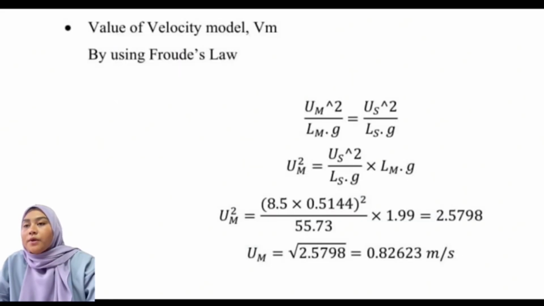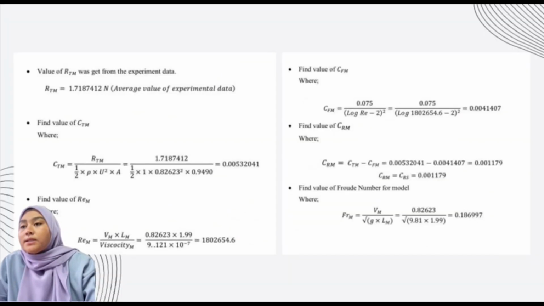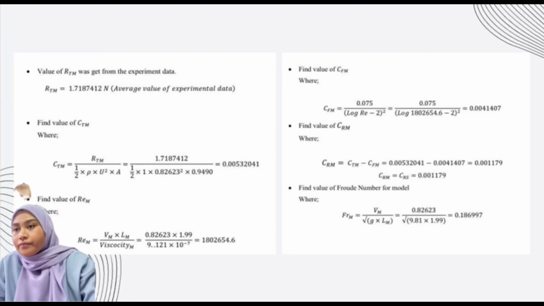And we can see in the slide the calculation and the list of formulas that we use for the assumption, using Froude's law to calculate the value of velocity for the model. Then for the value of RTM, we get the data from the experiment, so we can get the values for RTM, CTM, and RFM.